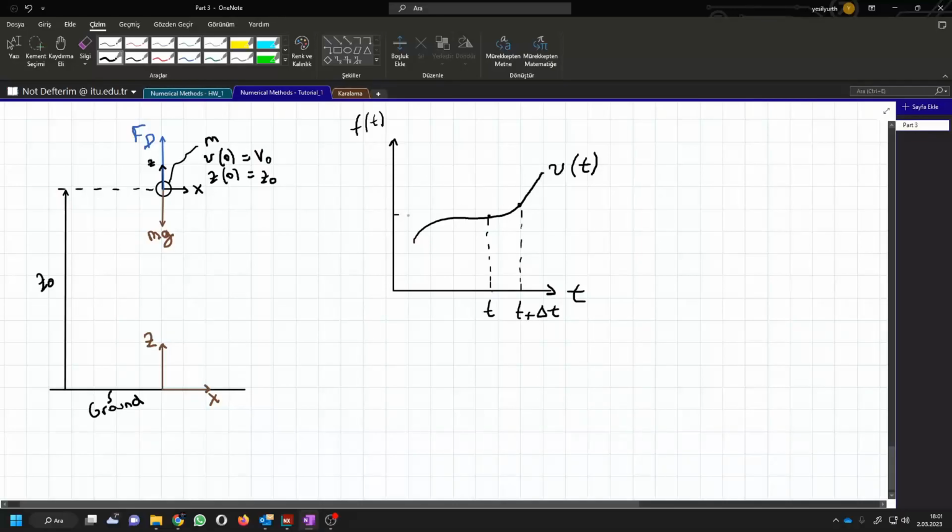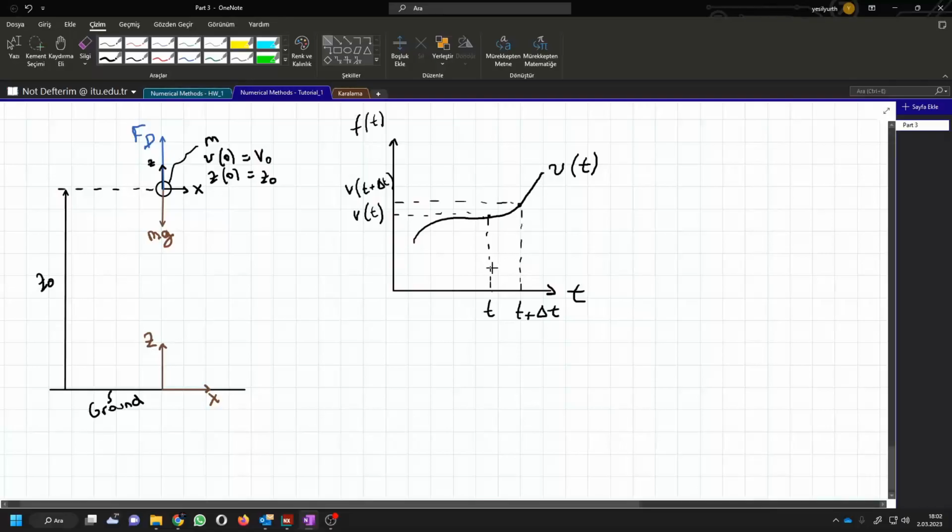The value of this function at t equals t is v of t. The value of my second point will be at t plus delta t. So I'm trying to find the derivative of the function at this point, but I'm using these 2 points to approximate this derivative.